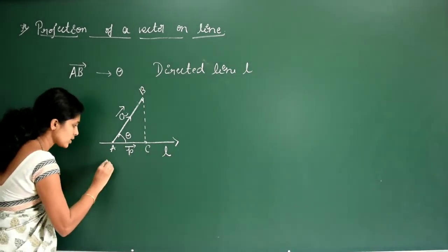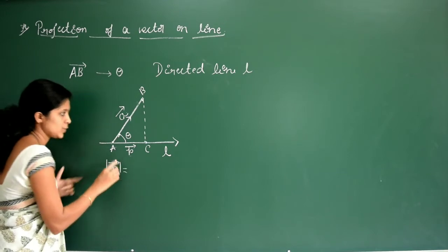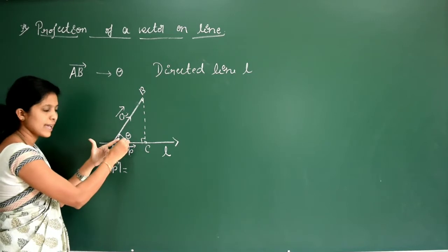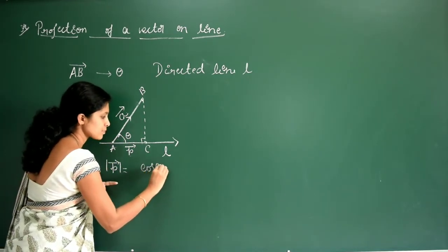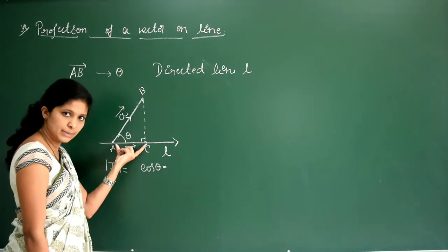Now can you say what is the magnitude of P vector? See, this is theta and here you can observe this is 90 degrees. By using this I can define cos theta, right? So cos theta will be equal to adjacent by hypotenuse. Adjacent here, I mean length, we have to consider.